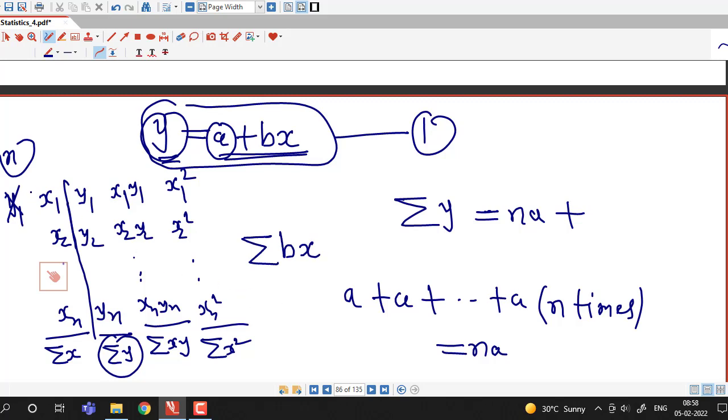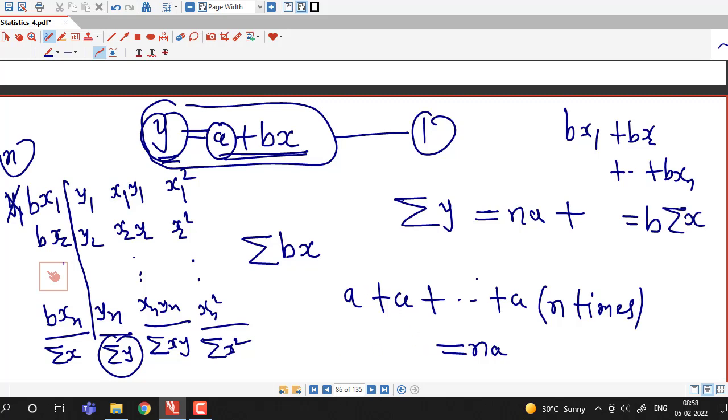That means we are multiplying each value of x by b, and if we take the summation of all these values, bx1 plus bx2 and so on, bxn, then we can take b common and we will have b times sigma x. So we will write this summation as b times sigma x.